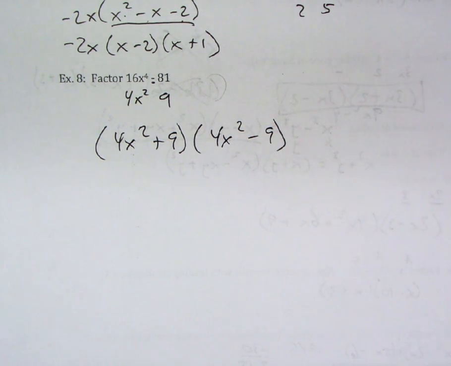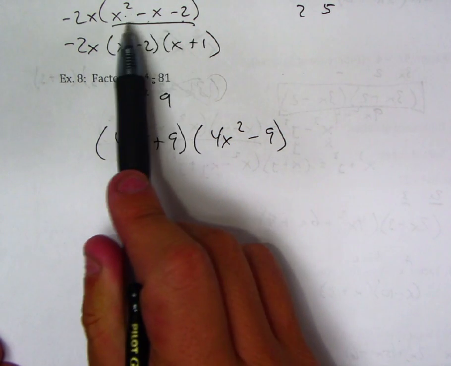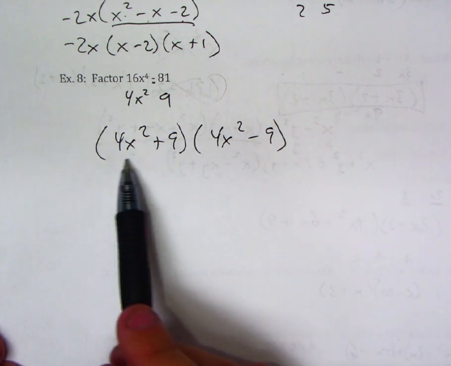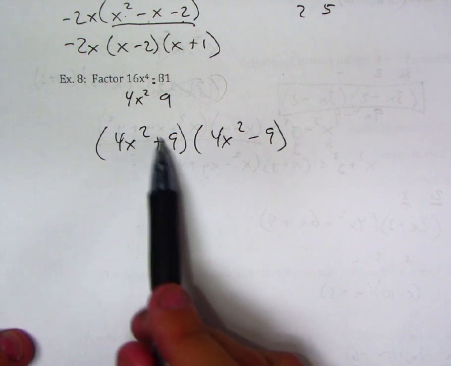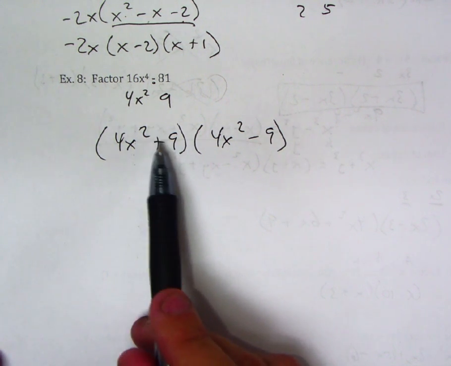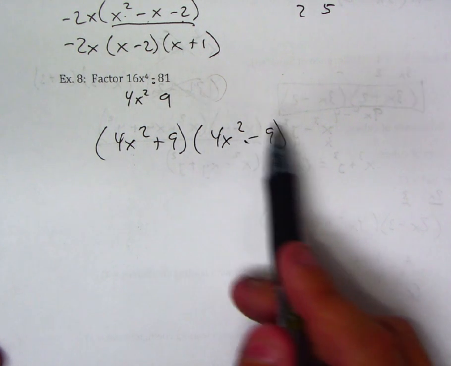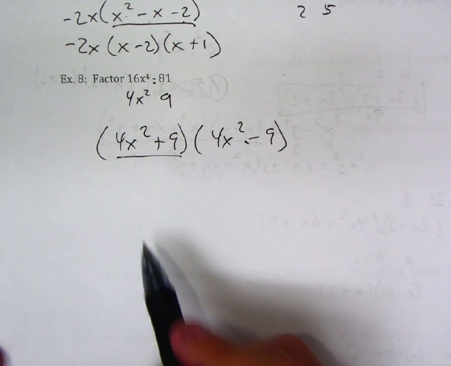But wait, there's more, because now, kind of like on the last one, let's look at if these can factor more. This cannot factor. And hopefully you know it can't factor because that's a plus sign right here. You cannot factor a sum of squares. But you can factor a difference of squares. This is another difference of squares here. This, 4x squared plus 9, just bring it down.